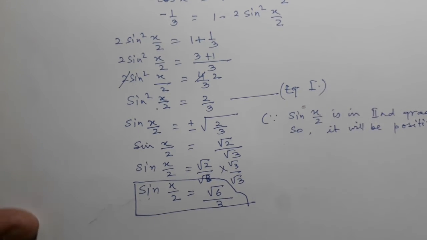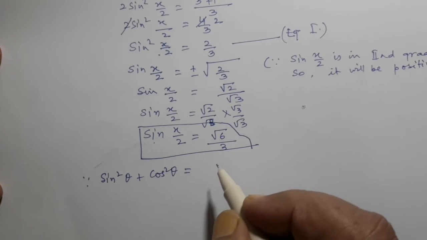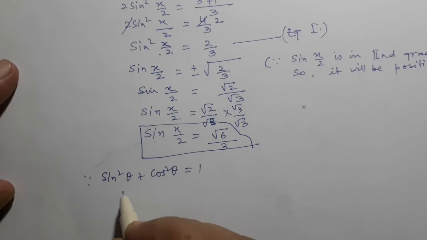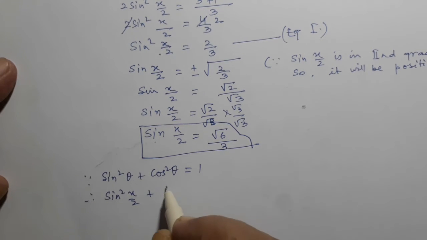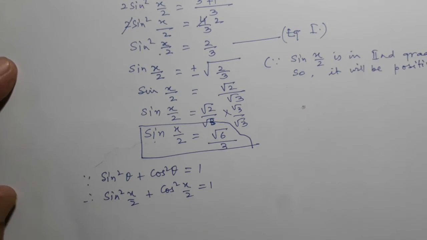Now sine x by 2 we have found. Now we know that sine square theta plus cos square theta is equal to 1. So sine square x by 2 plus cos square x by 2 will be 1.